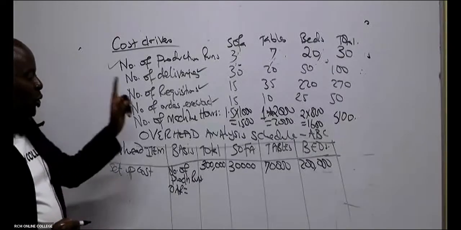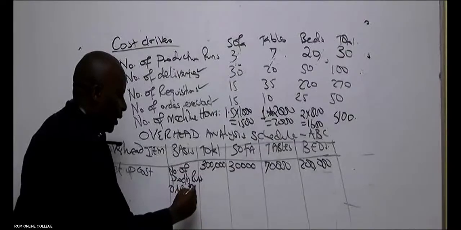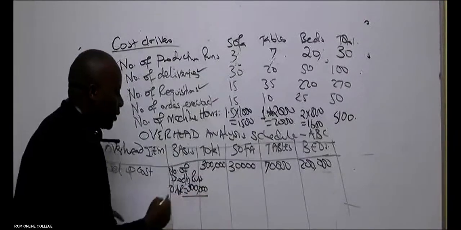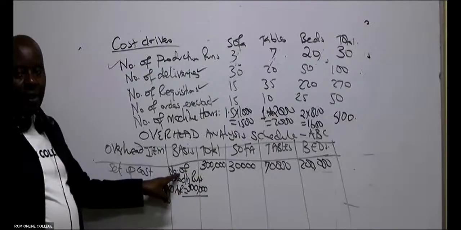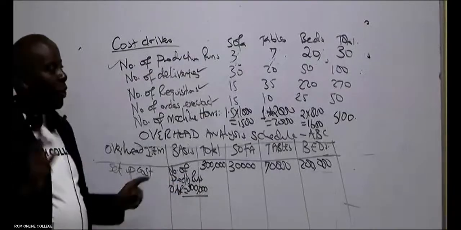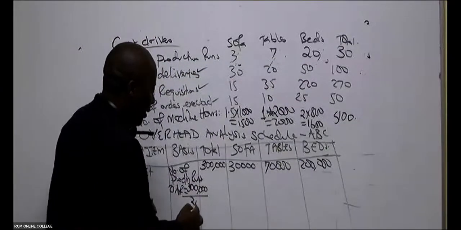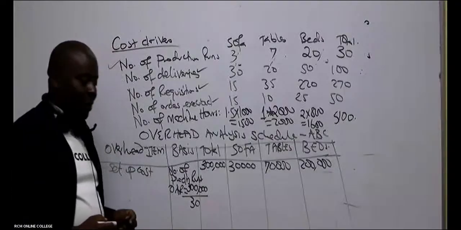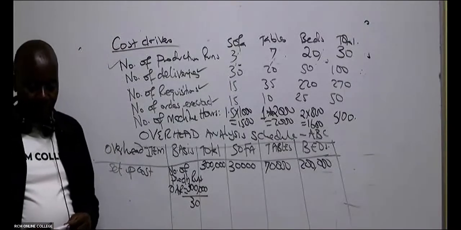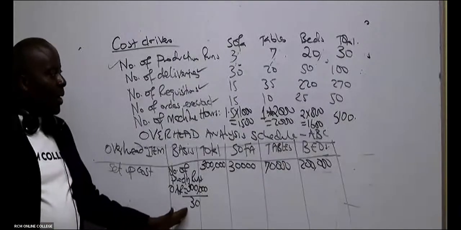Do we have the total setup cost here? 300,000, isn't it? And then you divide this by the basis, which is the total number of production runs. The total here is what for the production runs? 30. So 300,000 divided by 30 will give me 10,000. So this will be 10,000 per run.